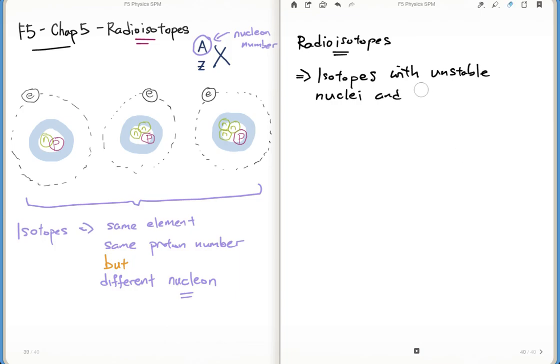It seems like something new. We'll talk about radioisotope decay slightly later. Just let's make do with this. Isotopes are the same element, with a different nucleon number.